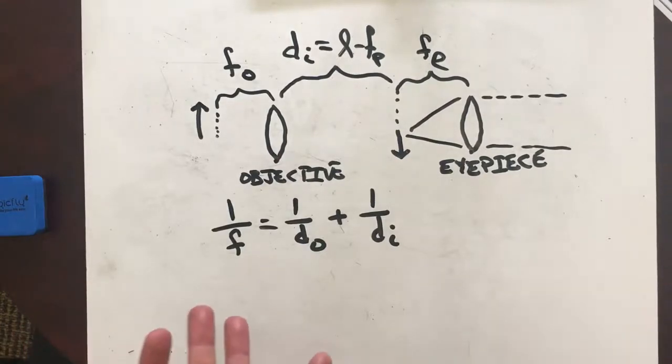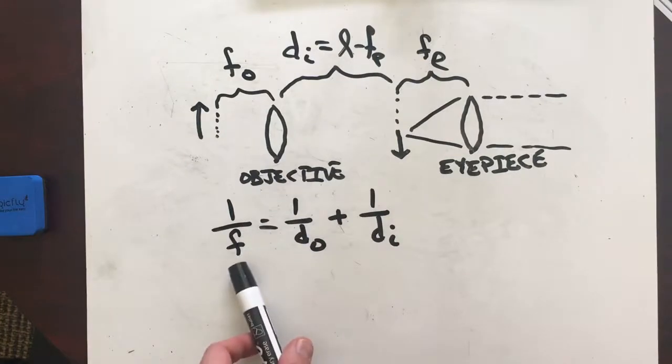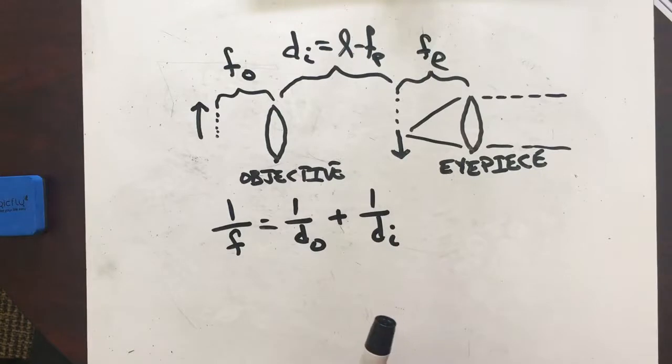Using the optic formula, you should be able to get the focal length of the objective, because if you do those other things, you should have figured out the object distance, and you should be able to get the image distance based on the discussion that I've just given you. And with all that, you should be able to get the focal length of the objective.